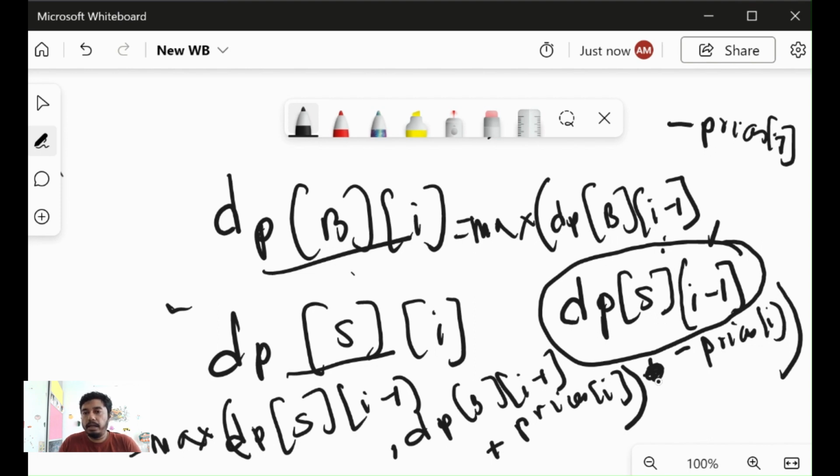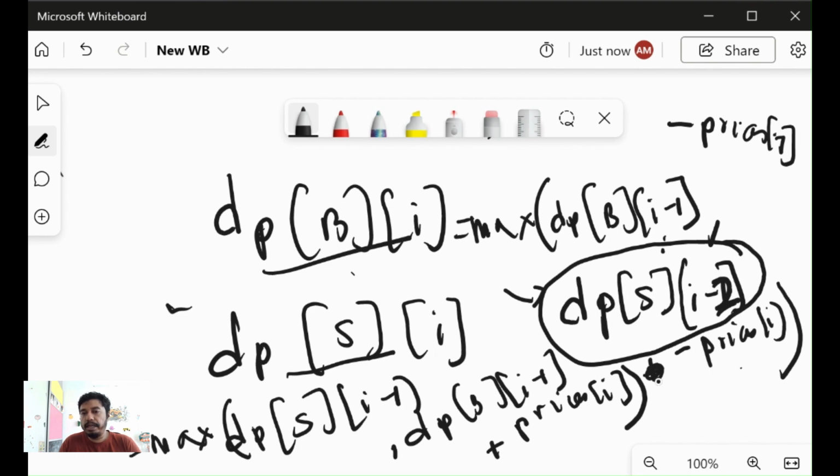I only need to update this value and make it dps of i minus 2. Why? Because if I'm doing a sell activity on day i minus 1, and this value takes the sell activity for day i minus 1 into account, then I would get a wrong answer because I am not allowed to sell on i minus 1 and buy again on i. So I should have till day i minus 2: dps of i minus 2 minus prices of i.